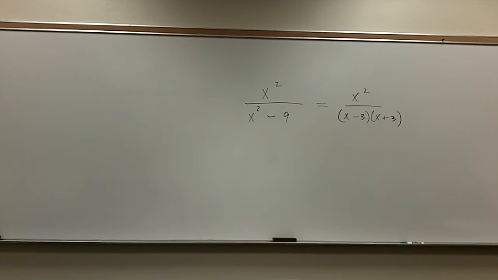In this case, you could look all your life and say there's all kinds of numbers you can use. So why don't you look for the numbers that you're not allowed to use? What numbers are you not allowed to use in this problem? 3 and negative 3. The reason is that would put a 0 in your denominator.